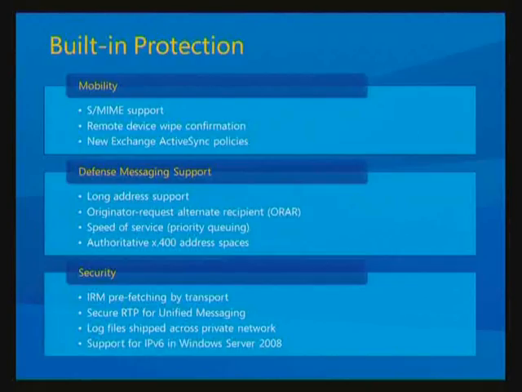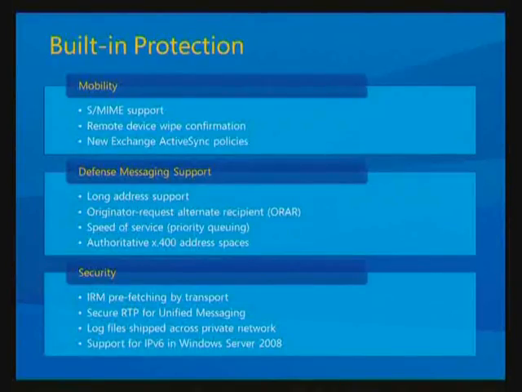So to summarize those components in the built-in protection, first around mobility. Jason mentioned earlier that S/MIME support in Outlook Web Access. There's also S/MIME support in Windows Mobile with Exchange Service Pack 1 and the next release of the Windows Mobile operating system.